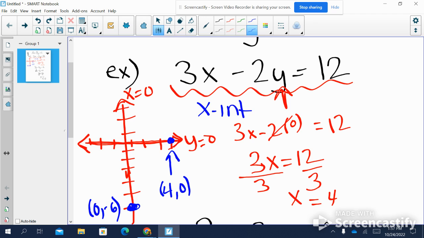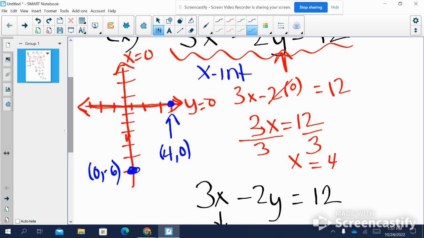And I got 2 points. Once I've got 2 points, all I need to do is draw a straight line through. And now I have my line graphed. If I wanted to figure out what the slope is, I could just count. Up 1, 2, 3, 4, 5, 6 over 1, 2, 3, 4. 6 over 4, which reduces to 3 over 2 is my slope.